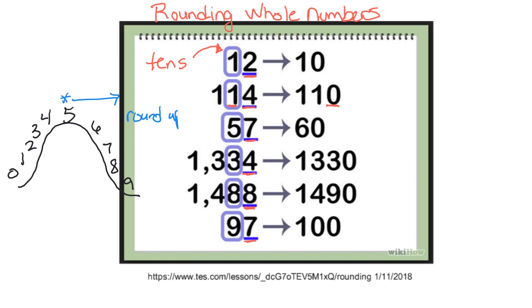Round up means add 1 to your place value. And if it is less than 5, it stays the same. So you leave your place value as is.